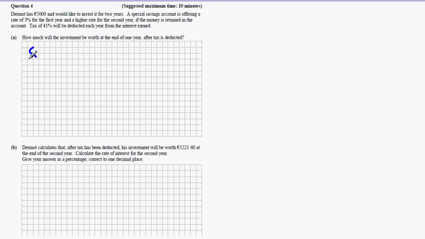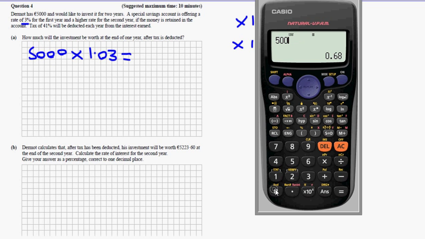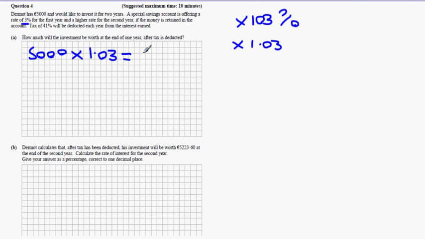So you get your €5,000 and you multiply it by an extra 3%. So to multiply by 103%, which is what you're looking at down here, you multiply by 1.03. Okay, so 1.03, and what you get there, you get 5,150.